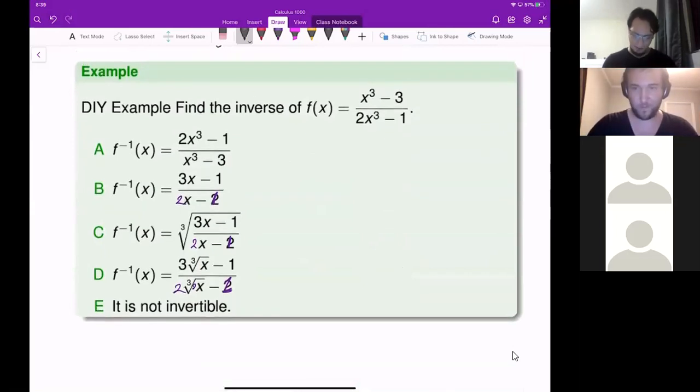Okay, so we have one question for you as a do-it-yourself. Let me just fix something here. I forgot this one, so this is 2x minus 1, 2x minus 1, 2x minus 1.